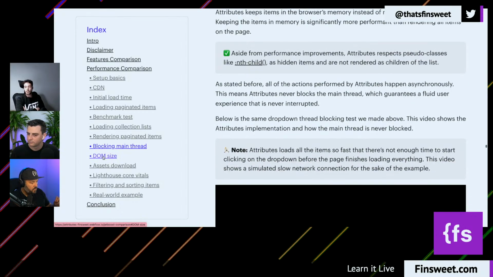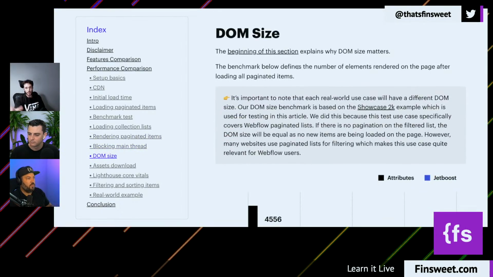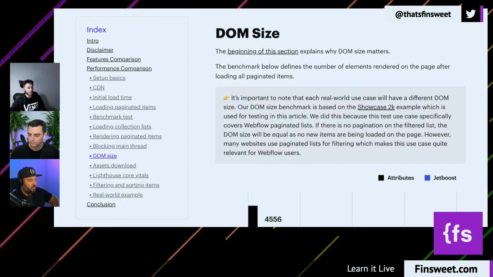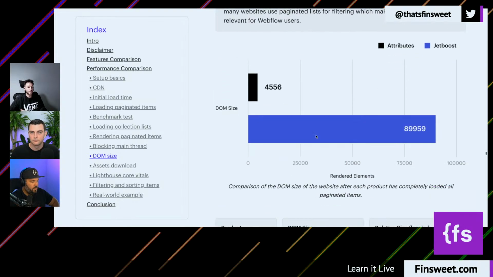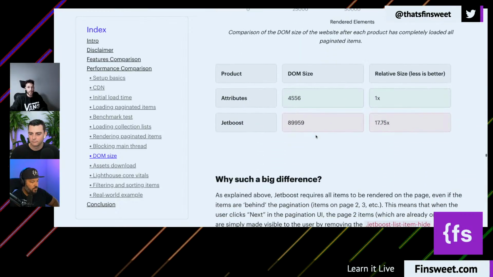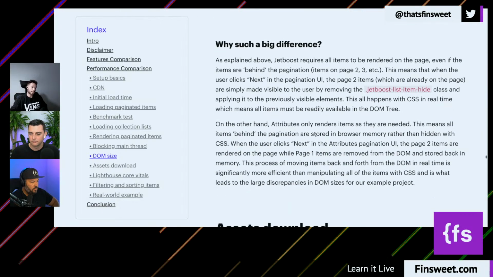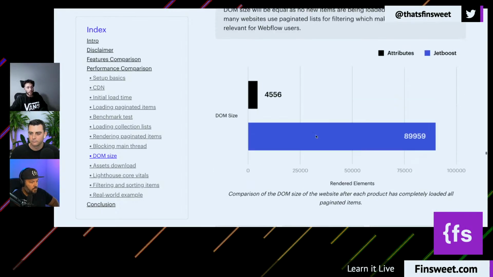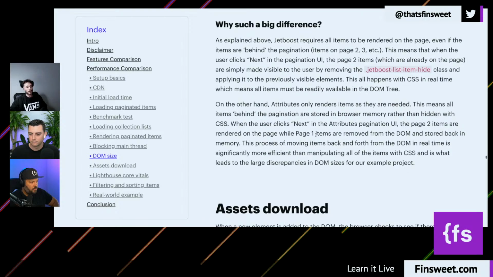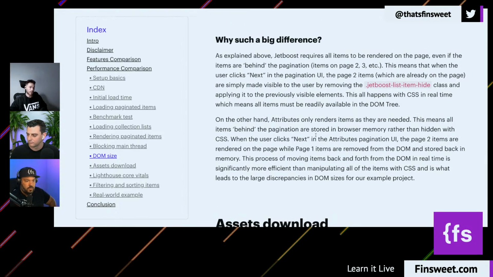Yeah, sure. So, this specific part of the article was around the DOM size and why it matters when you're managing something on a page. The reason is that before JetBoost updated the product, which is no longer happening, JetBoost loaded all the items of the collection list in your page.